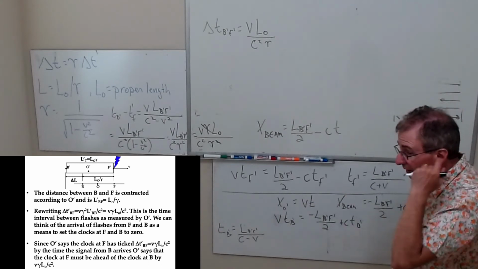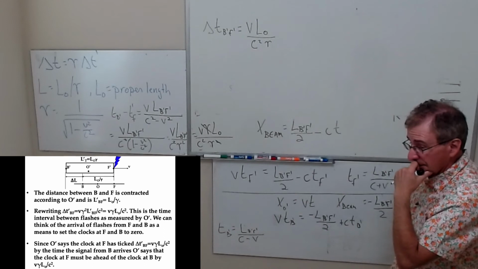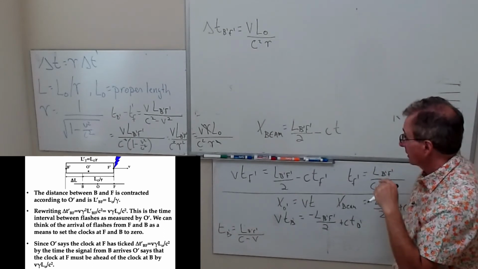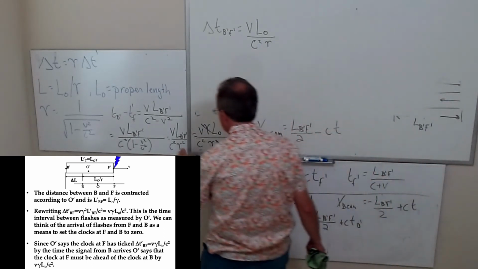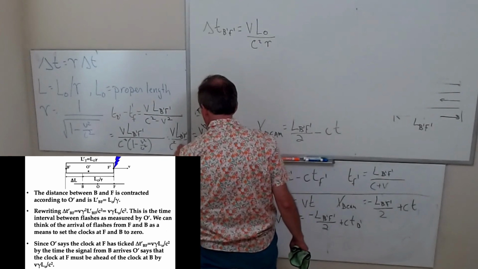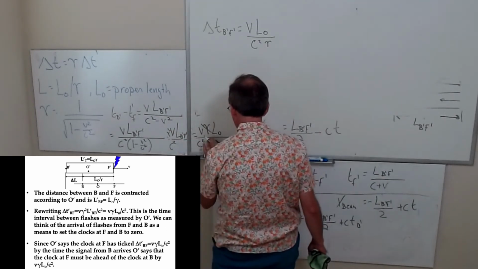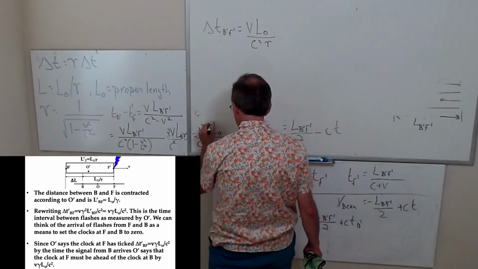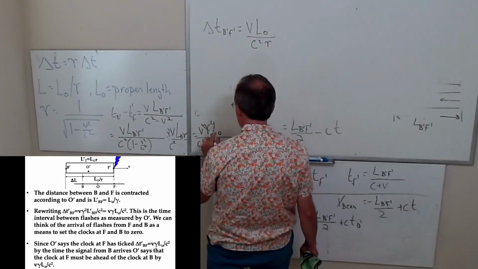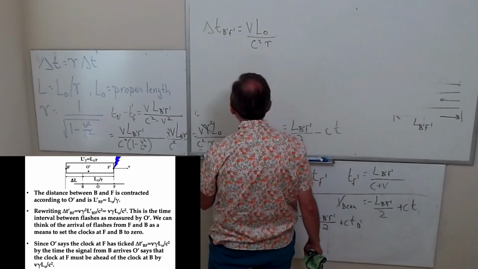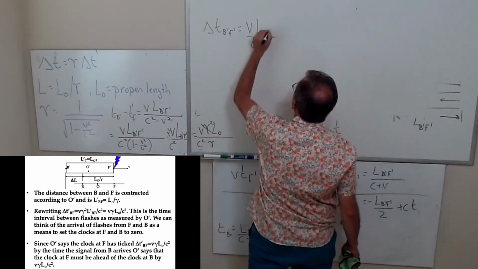Oh, oops, I made a mistake here, sorry. The gamma squared was here. I made a mistake here somewhere, sorry. Okay.